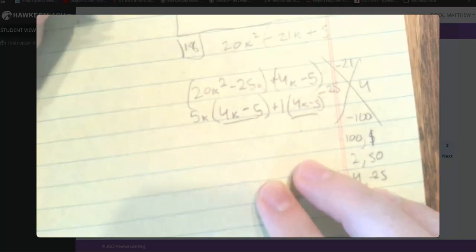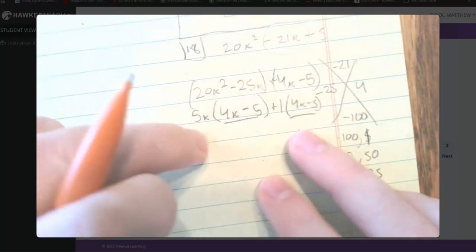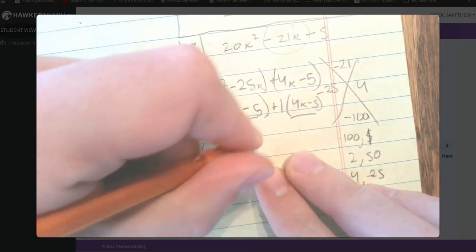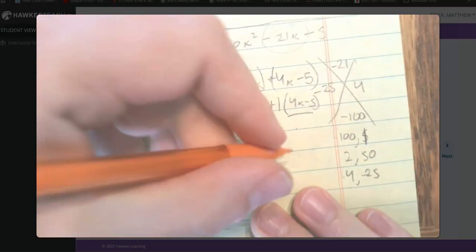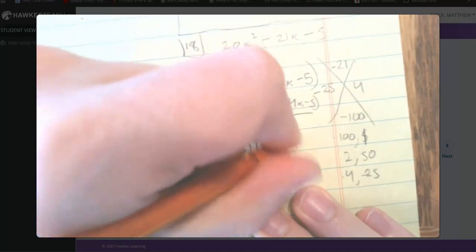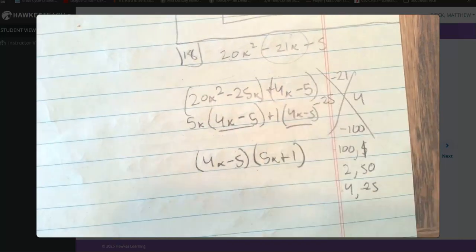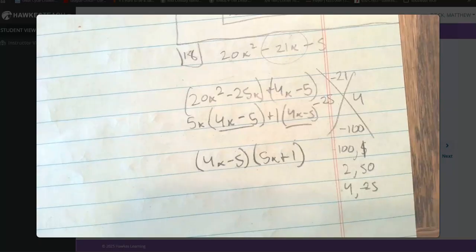And then again, we have a common factor of 4x minus 5 that shows up in each of those. So again, we can group up what's inside the parentheses, and then group what's outside the parentheses. And again, if you're ever curious as to whether you have the right factoring or not, you should be able to multiply these out, and you should be able to get what your original expression is, which in this case, it does work out that way as well.